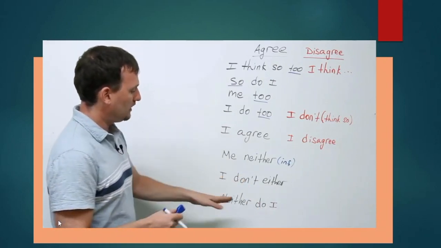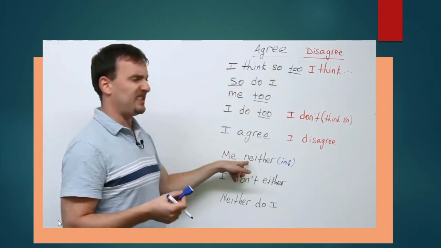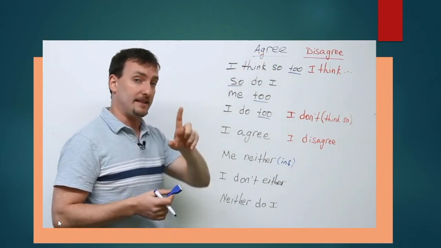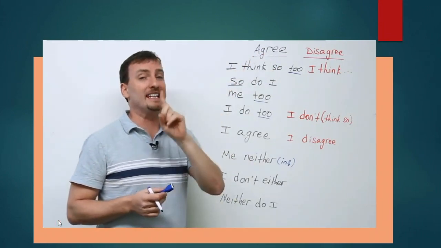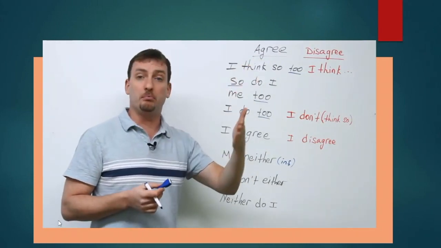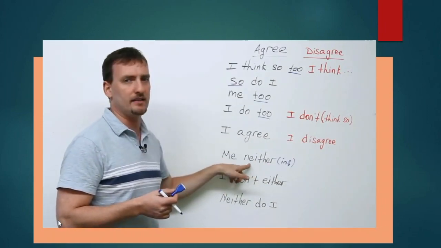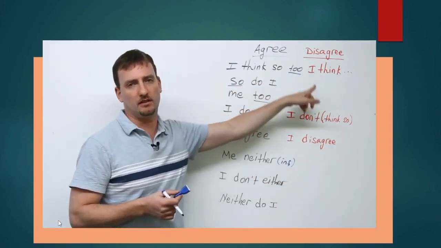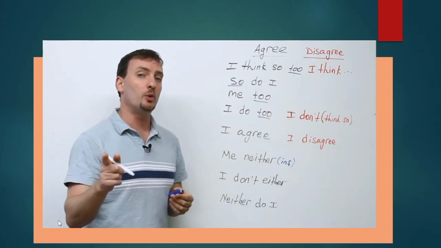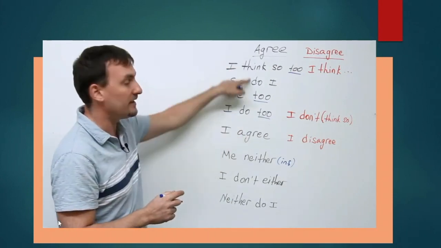Now, why do you think I put these three under agree? Many people think, but this is a negative. It means disagree, doesn't it? No, it also means agree, but you agree with a negative statement, okay? So if somebody says, I think Mitt Romney is going to win, but you don't think so, you can't say this. You must go to your disagree list, okay? But if somebody says, I don't think Mitt Romney is going to win, you can't use any of these either.